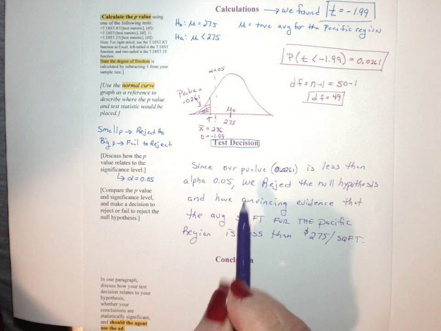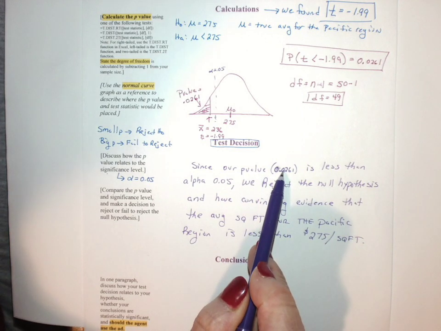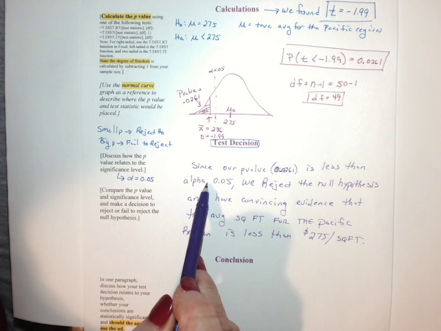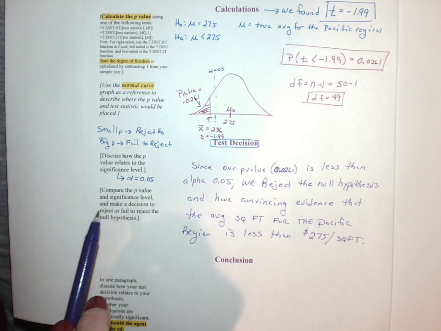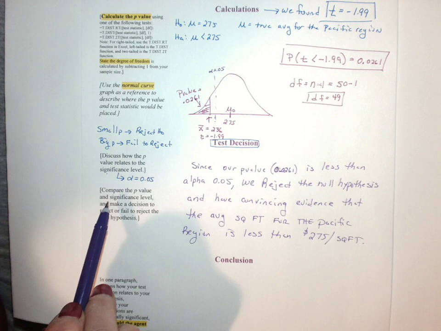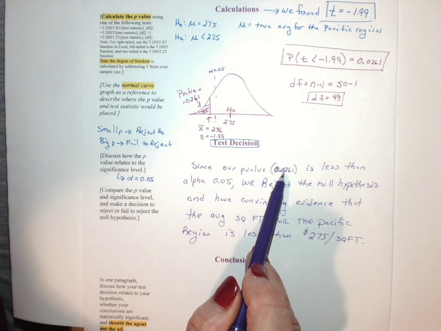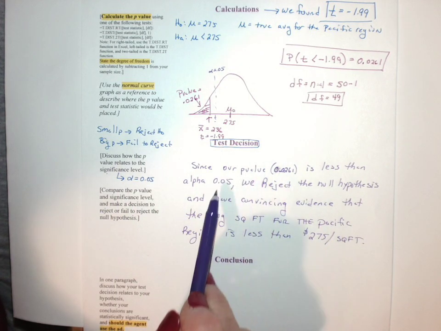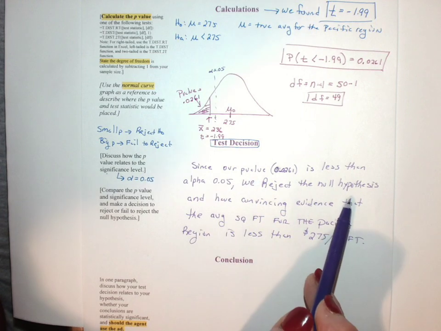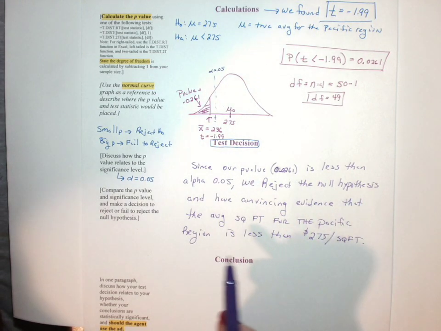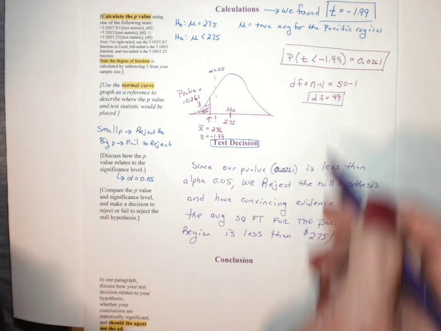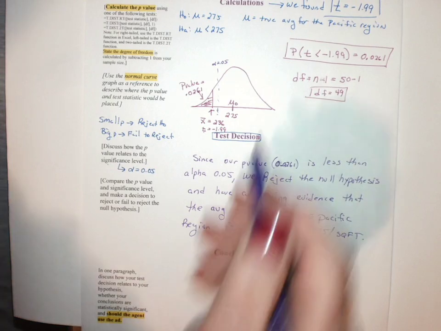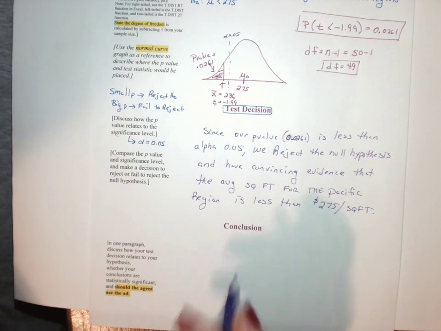Okay, so the key points are we got to compare the p-value to the alpha. Small p-value, we reject the null hypothesis. If this had been a big p-value, bigger than 0.05, we would fail to reject the null hypothesis, and we would not have convincing evidence. So that's what you want to include here under the calculations.